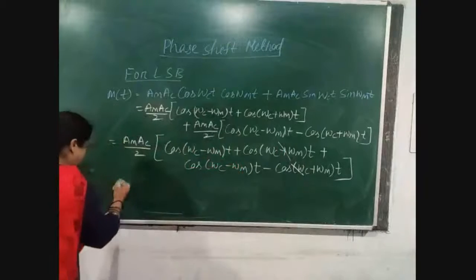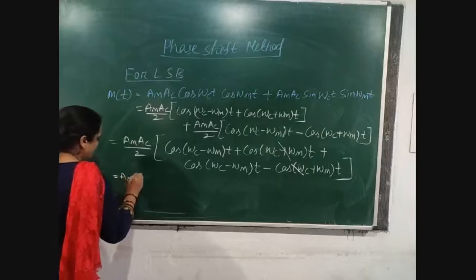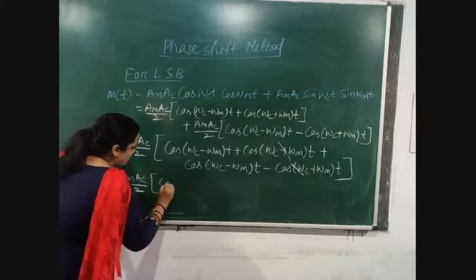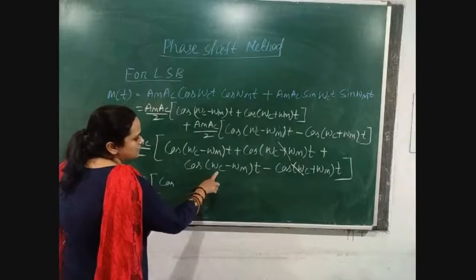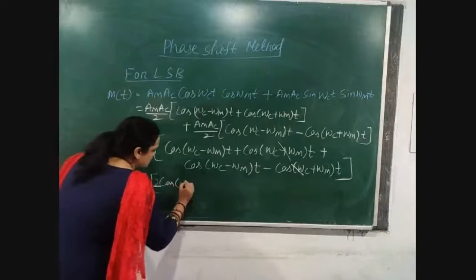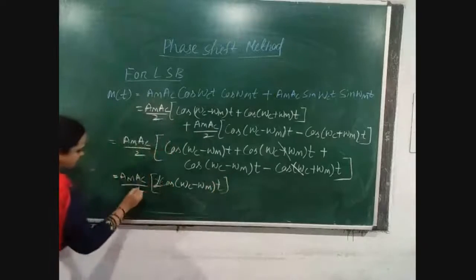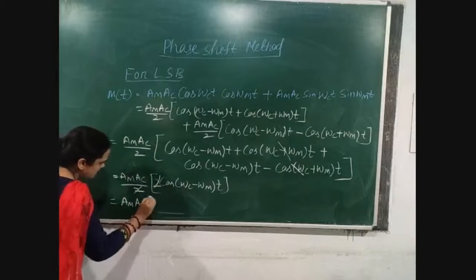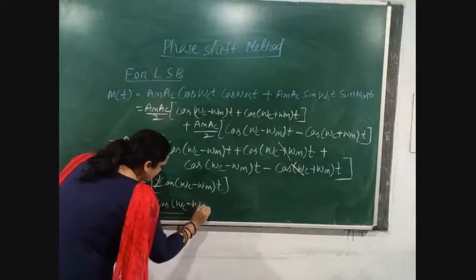So at the output we get Am Ac/2 times 2 cos(ωc − ωm)t, the 2 cancels out, and we get Am Ac cos(ωc − ωm)t.